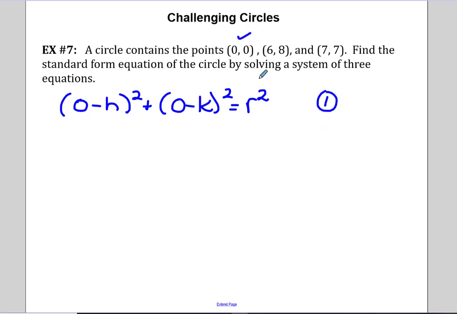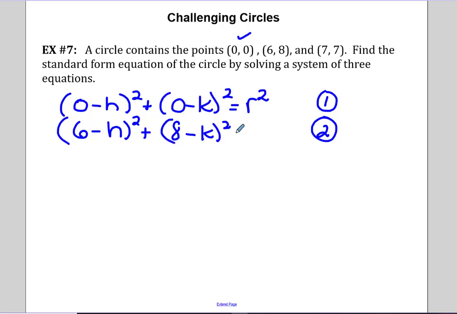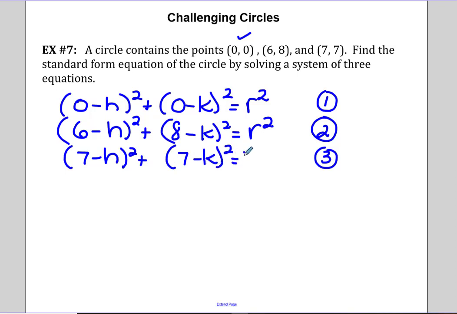That's using this point. Then on to the second equation, we'll have (6 minus h) squared and (8 minus k) squared would give us a circle. And then the third equation would be (7 minus h) squared and (7 minus k) squared would give us a circle.